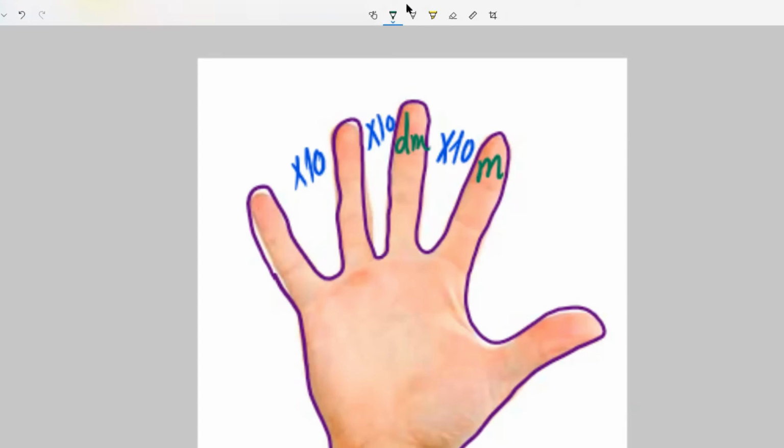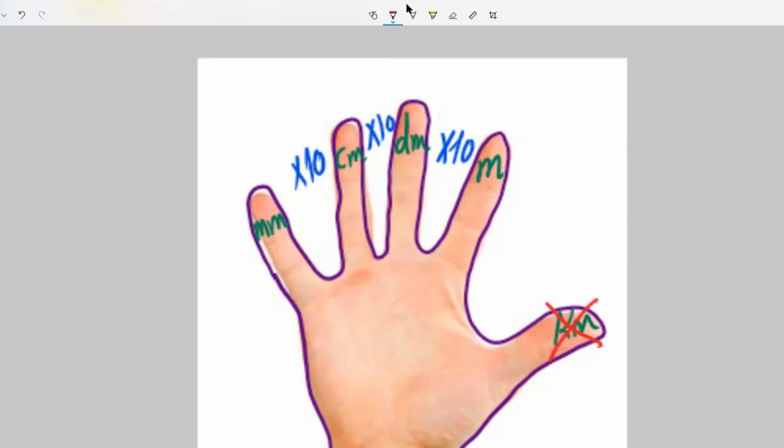And this one is centimeter. And this one is millimeter, double M, okay? This one is kilometer, but we don't need it. We're gonna talk about it in grade 5, so don't write it, okay?